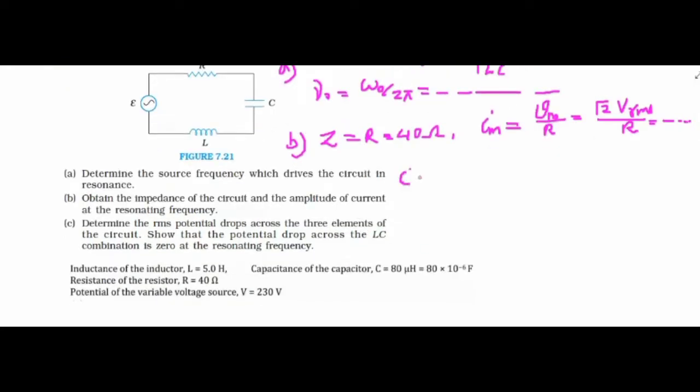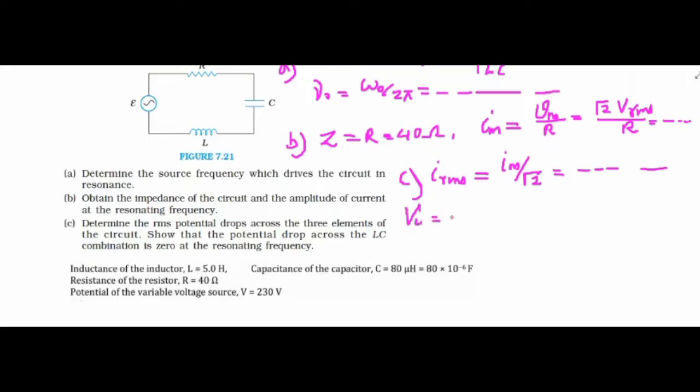Then come to part C. Determine the RMS potential drops across the three elements of the circuit. For the RMS voltage drop, first of all you have to calculate IRMS. Already we have Im, so IRMS you will get as Im divided by root 2. You can find the value of IRMS. Once you get the value of IRMS, you can calculate the voltage drop across the inductor.